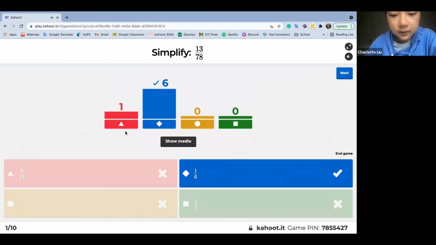The answer is 1/6 because you can divide the numerator and denominator by 13, and 78 divided by 13 is 6.